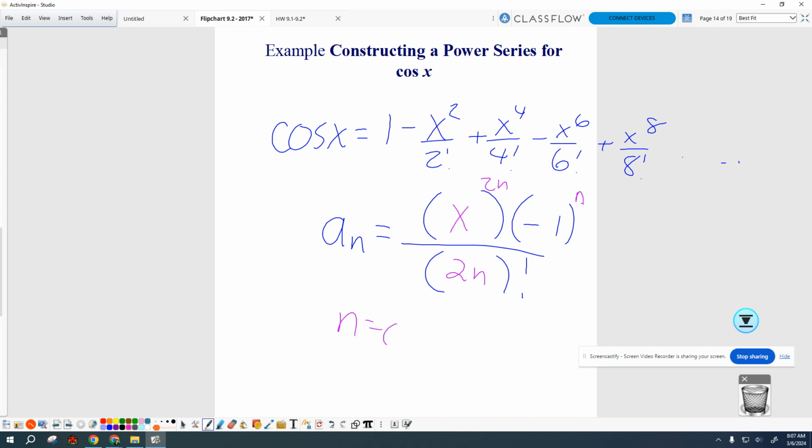When n is 0, that's x to the 0, that's a 1, over 0 factorial, which is 1, -1 to 0, okay, we got the first term. Now, when n is 1, I get x squared times -1 over 2 factorial. Voila.